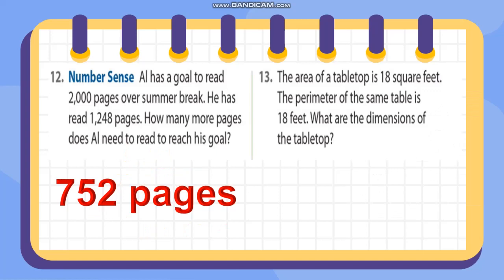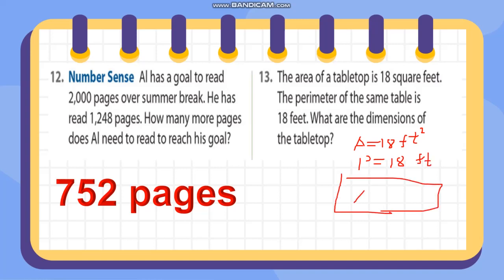The area of a tabletop is 18 square feet, and the perimeter of the same table is 18 feet. It means the area is equivalent to 18 square feet, and the perimeter is also equivalent to 18 feet. So if this is the tabletop, the area is 18, and you don't know the side lengths.